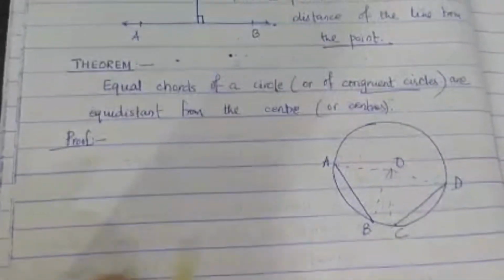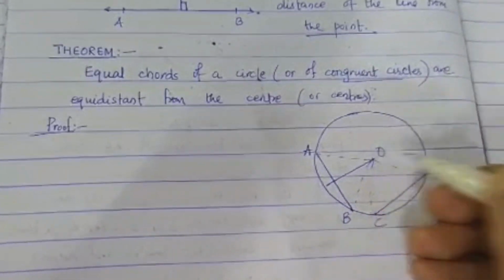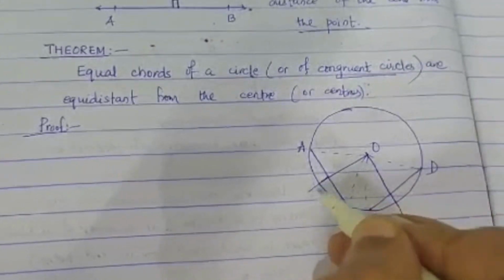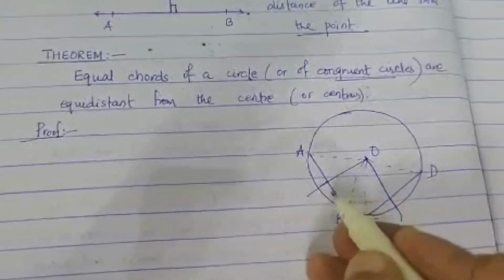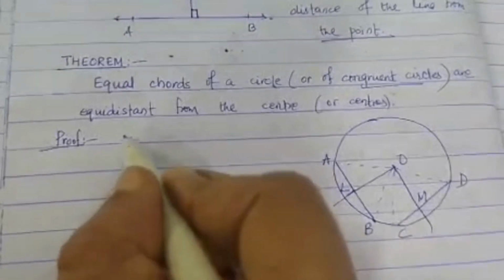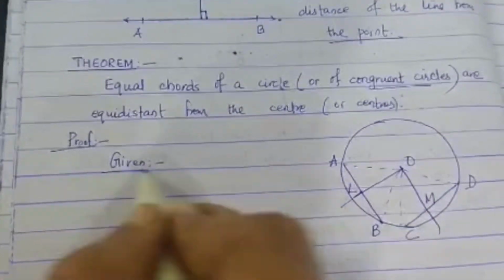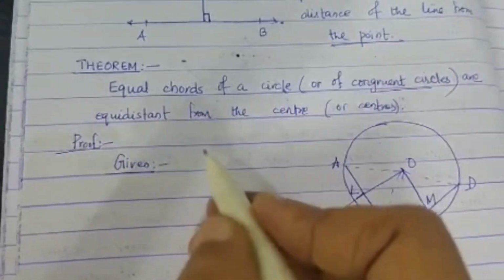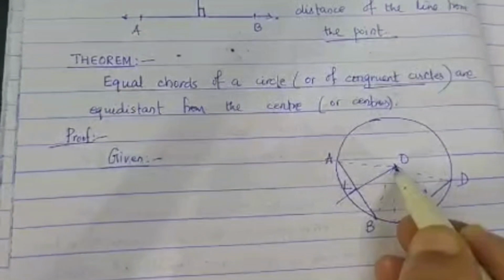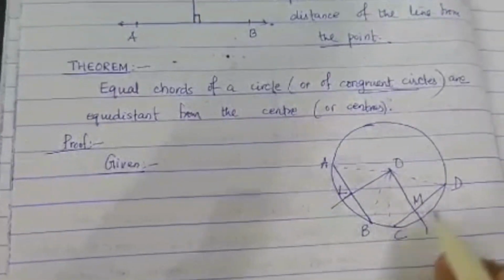Now let us see, if you draw the perpendicular bisector like here and here, and let us name it L and M. So given is a circle with center O, and this chord AB equal to CD.